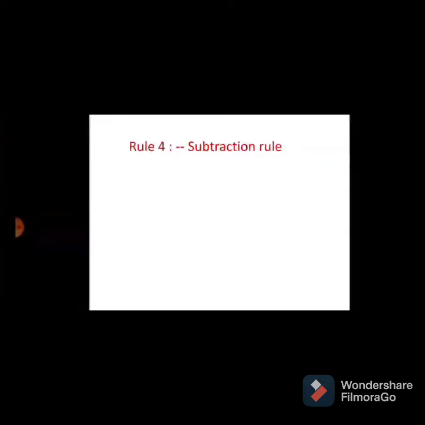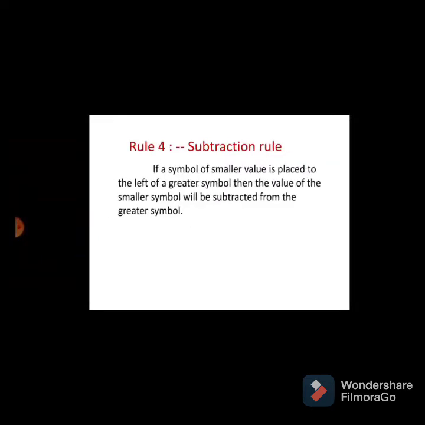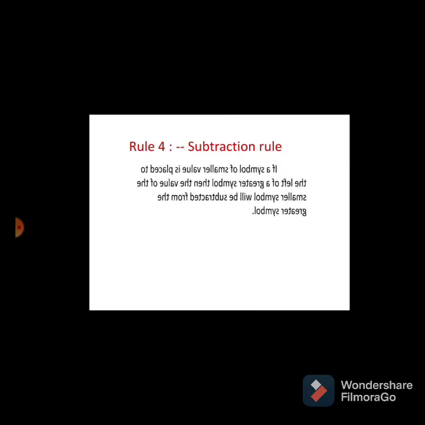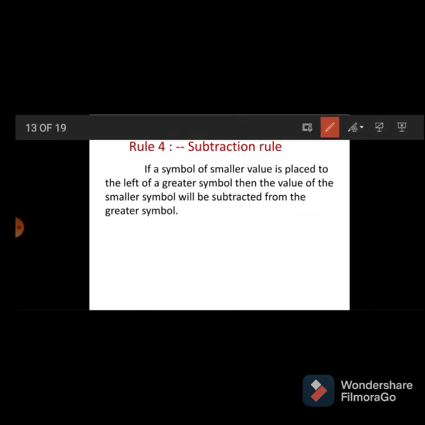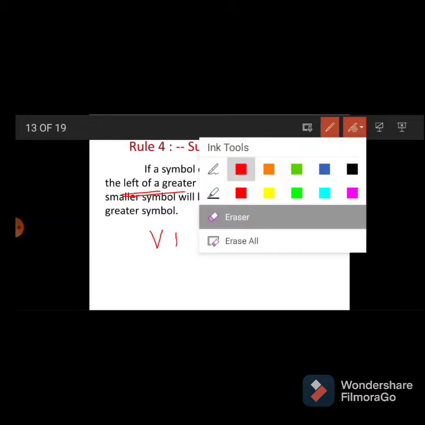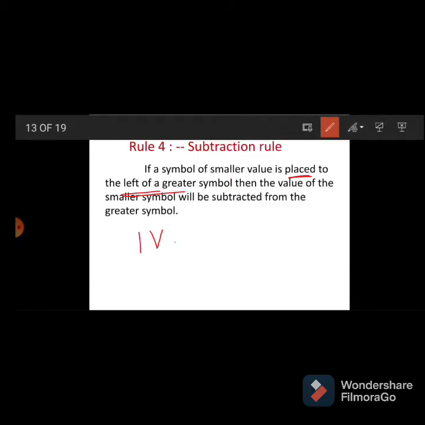What is the next rule? The subtraction rule. In this rule, the exact opposite is there. What is the exact opposite? If a symbol of smaller value is placed to the left of a greater symbol, means earlier VI, I was written after V, and now I is written before V. Its meaning is the value of 1 is subtracted from 5. 5 minus 1 is equal to 4, so 4 is denoted in Roman as IV.